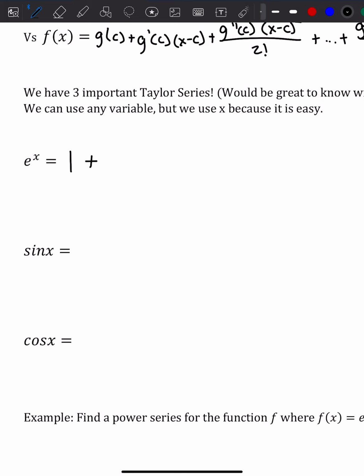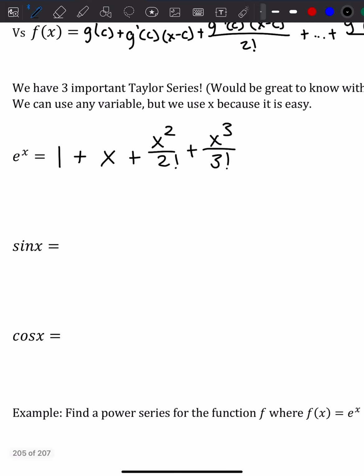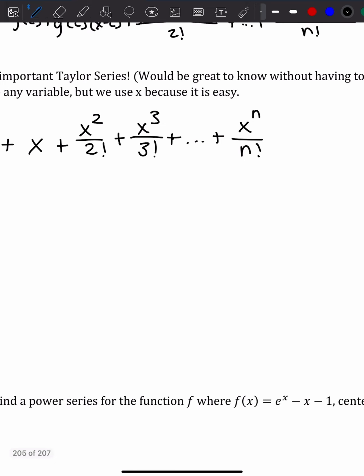Our second term would be x because e to the 0 power is 1 again, so 1 times all of this stuff. And then we keep going, and we get this pattern, x squared over 2 factorial plus x cubed over 3 factorial, and that continues on until we get x to the n over n factorial.